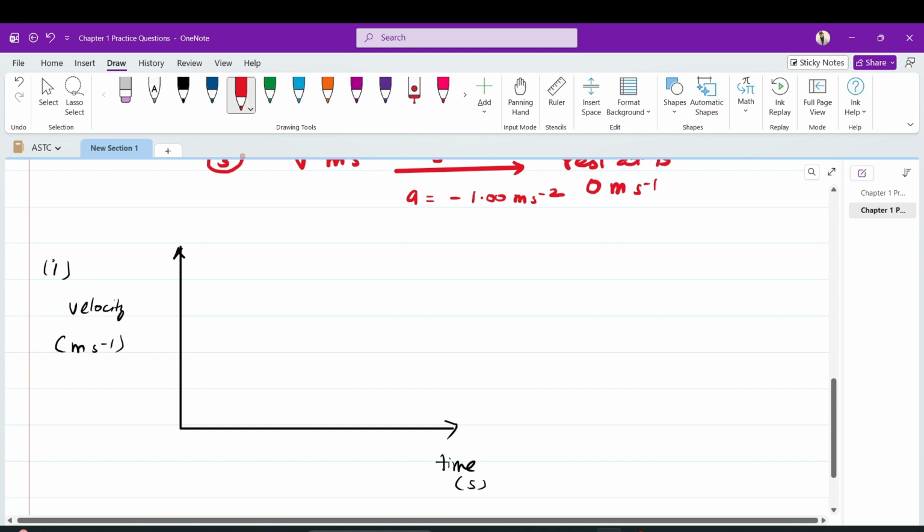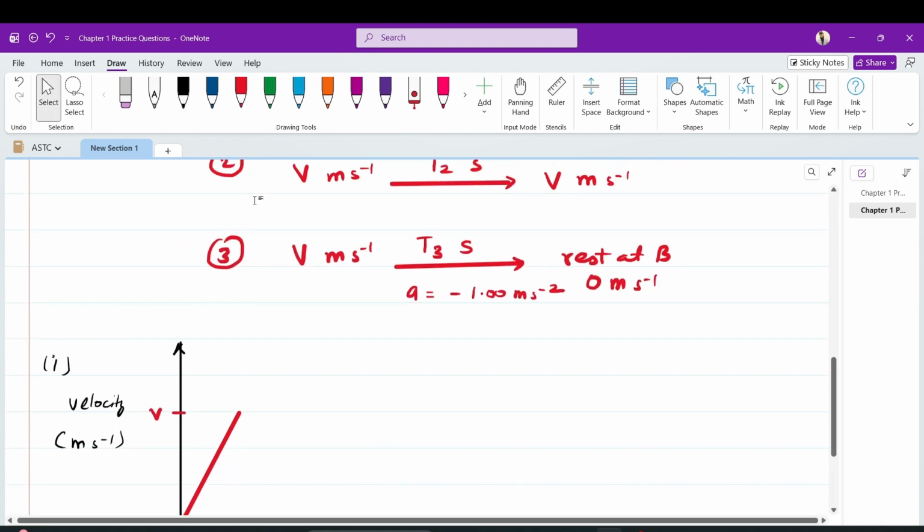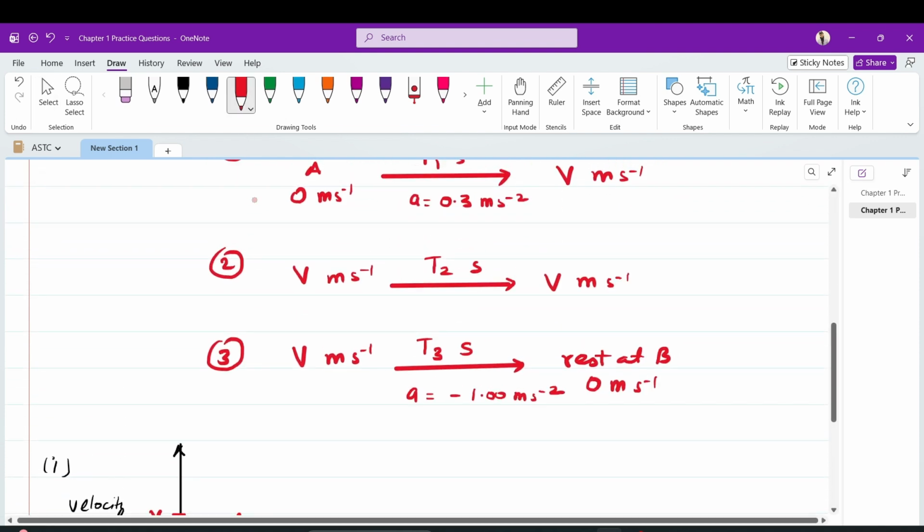So again, the journey starts from 0, goes all the way up. All right. And this is t1 and this is v. Then it says during the second part of the journey, it remains constant for t2 seconds.